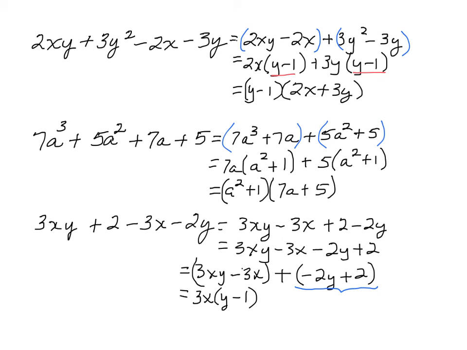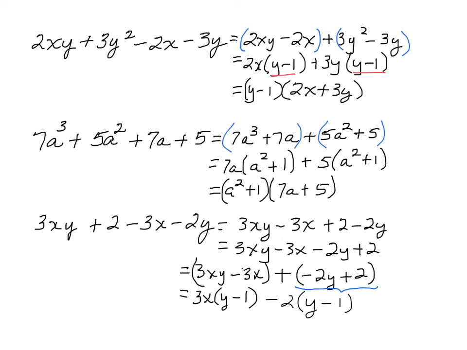So what I need to do is factor out a negative 2, and that's going to change the signs. That makes my y positive and my 2 negative, which makes it a negative 1. If you have to stop and look at it, pause the tape. I'm going to do one or two more like this.